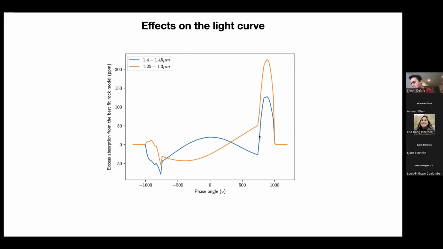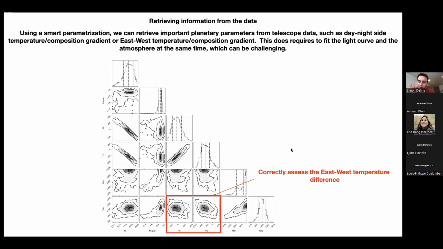And so we're still working out the details on how to use that to retrieve important parameters, but we did some tests with a certain parameterization. We tried to retrieve the temperature field of the GCM that I showed earlier.